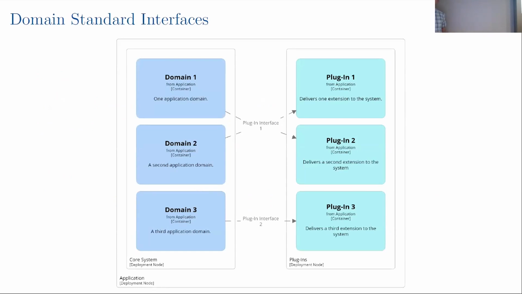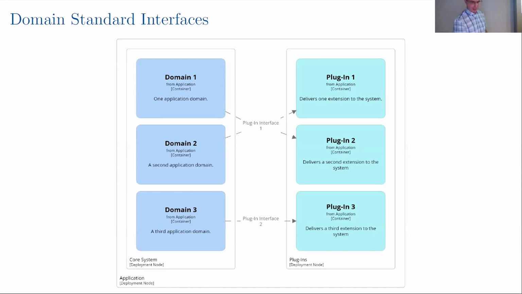But it also introduces another thing, that if our core system is also partitioned by domains, that then actually adds an extra level of complexity, but flexibility to the microkernel architecture, because then each domain could have its own interface. So instead of saying the core system has one interface, each domain has its own interface.